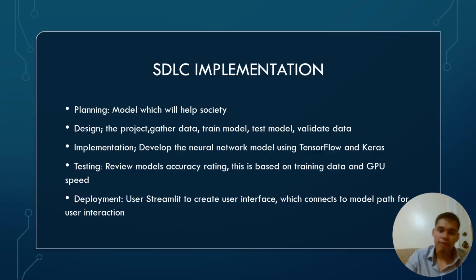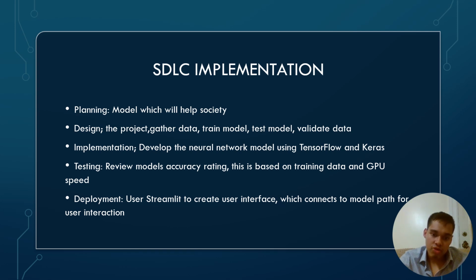So this is my software development lifecycle implementation. Before I started, I wanted something that will help workers in the medical field. So I started to develop and plan this particular project. For design, I want the project to be able to train the model, validate the model, and then test the data. Implementation would be to use TensorFlow and Keras to train the model.